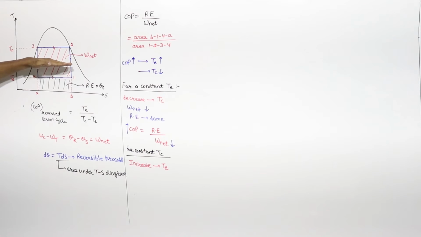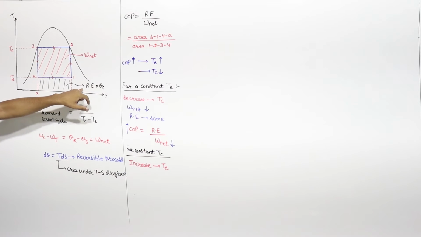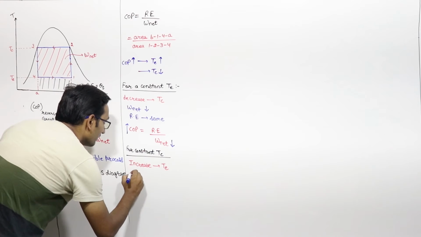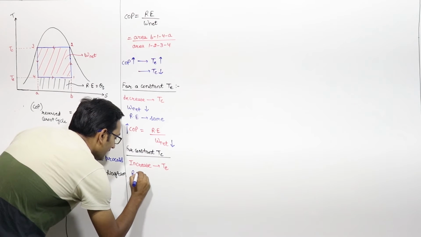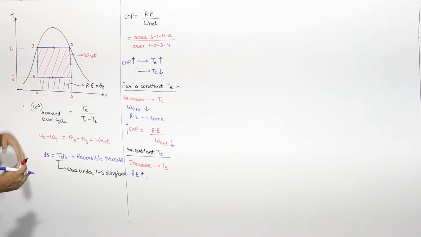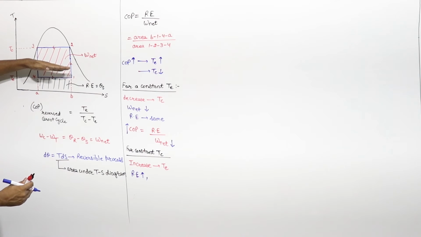Suppose now here is the evaporation temperature. So if this is increased, this will remain constant, Tc is constant, this T is increased. So if this will increase, then we can say that this refrigeration effect will increase, right? Why? Because the area is increased, so the refrigeration effect is increased.